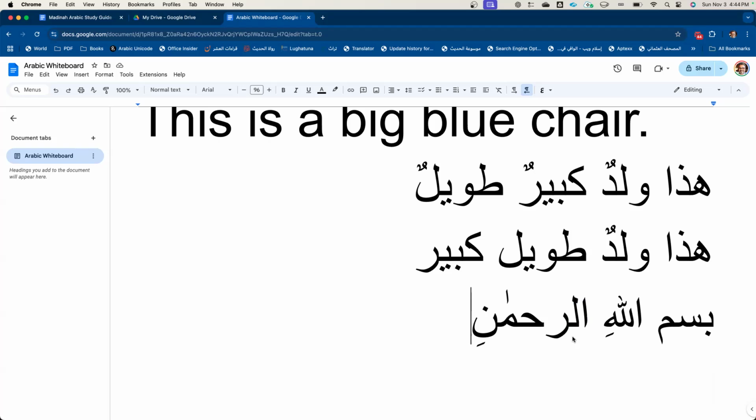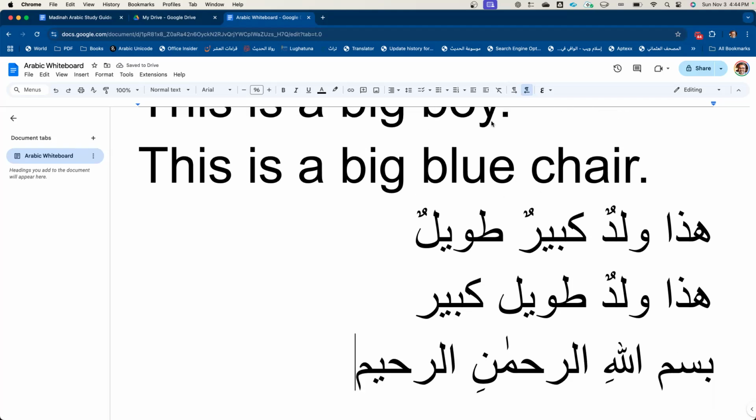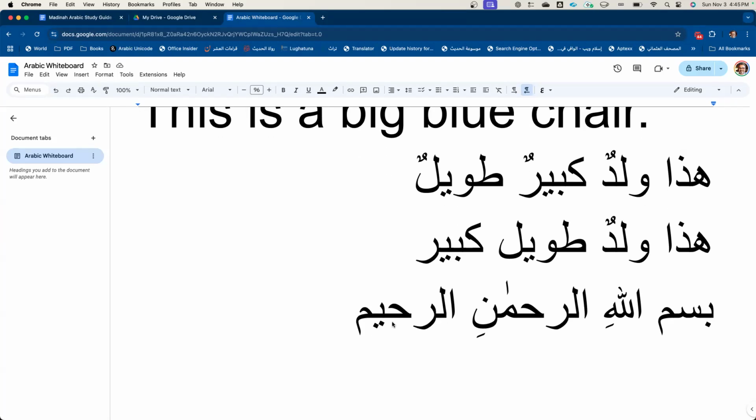But actually it's going to be before, because in English the adjectives come before the noun. In Arabic, the adjectives come after the noun. Makes sense? And can I chain adjectives? Yes. Bismillahir Rahmani Ar-Rahimi. So this is the same thing as big blue broken chair, right? So Bismillahi Ar-Rahmani Ar-Rahimi. The chained adjectives need to match the original noun again.